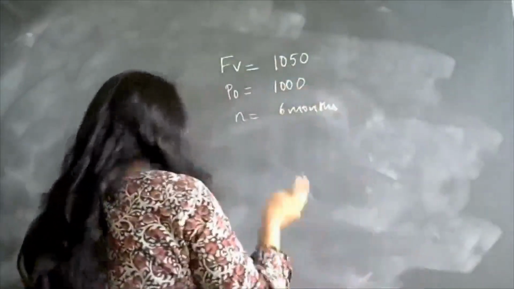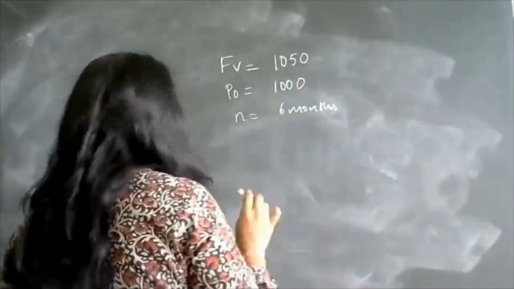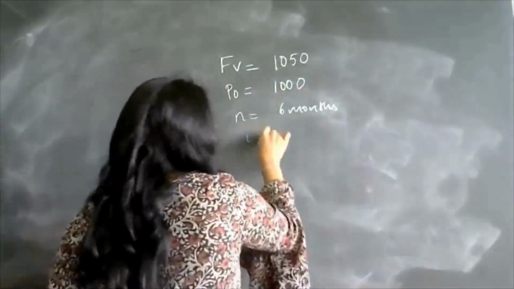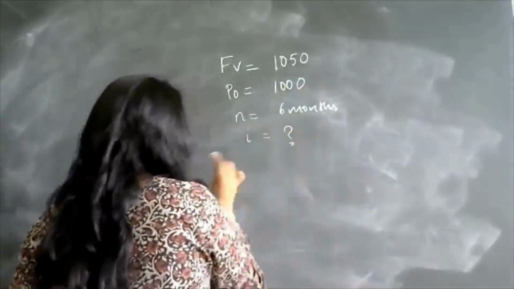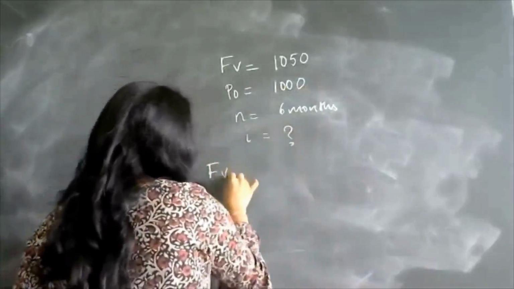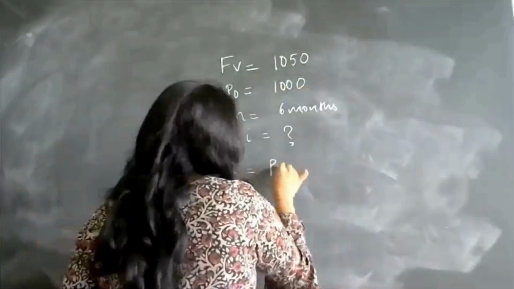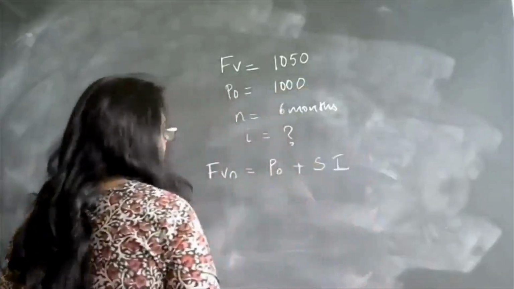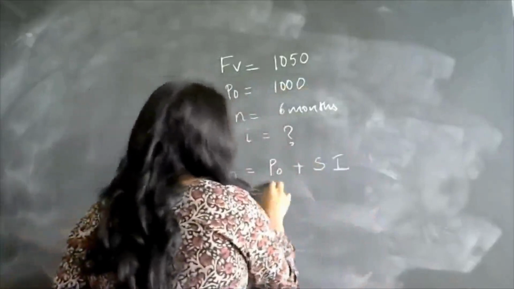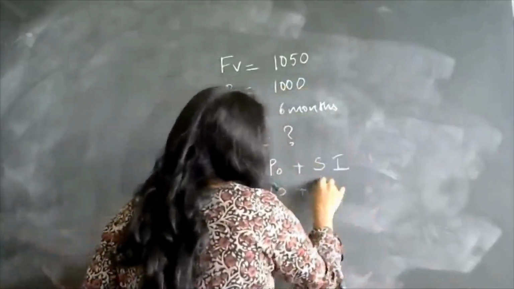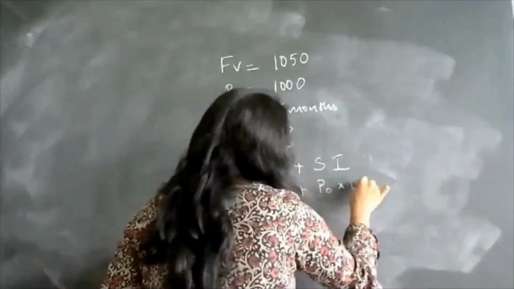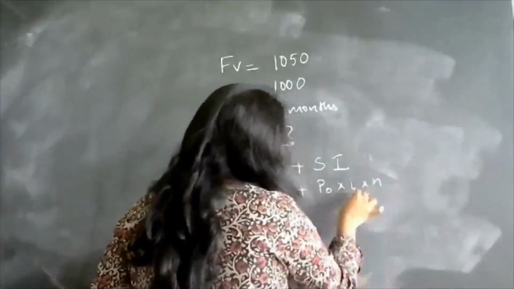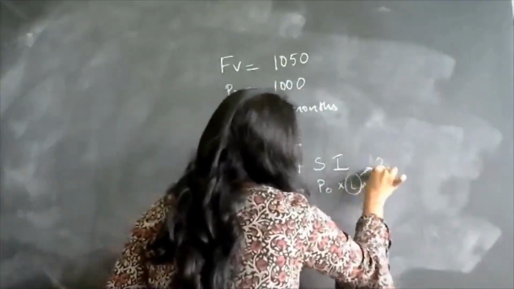Okay. Now let us try to find out what will be the interest rate. Now the formula which we will use: future value is equal to present value plus simple interest. Isn't it? Now we will have to expand this into interest rate into N. Now this we need to find out.